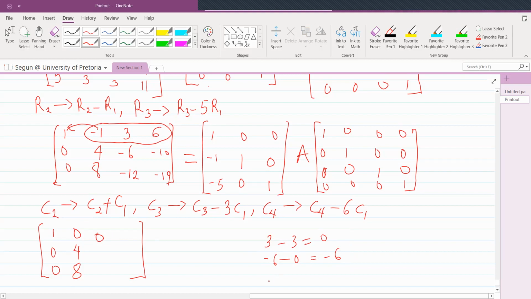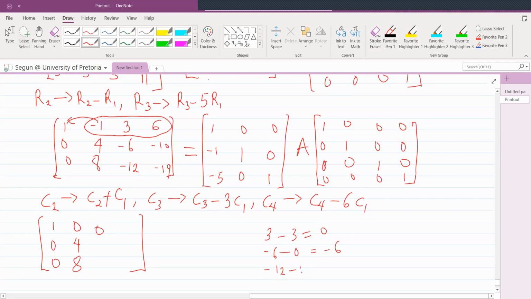The next one is C3, minus 12 minus 0, equals to minus 12. So we have it to be minus 6, minus 12. Any question?